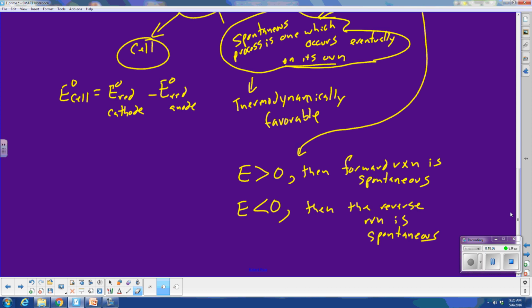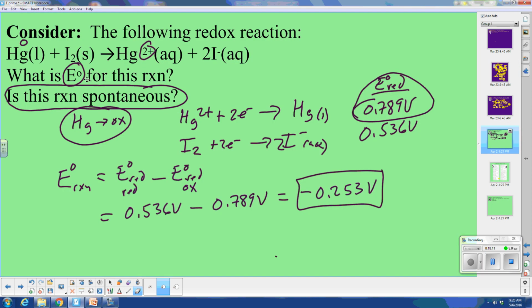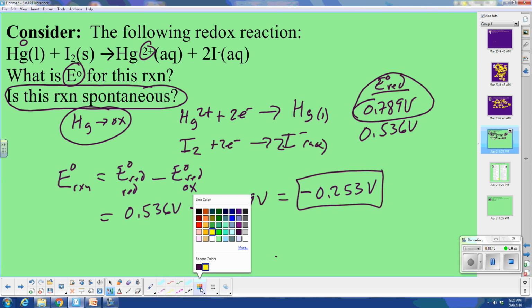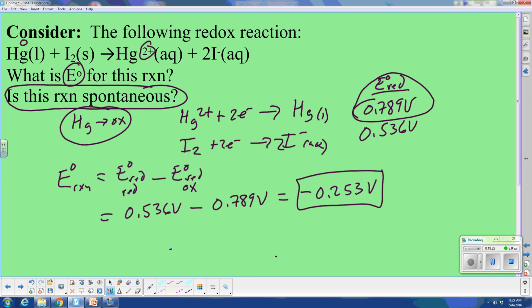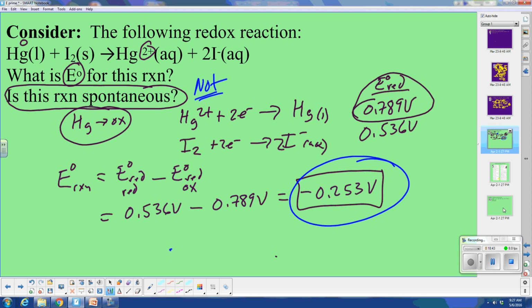Good. Piece of cake, right? Easy. Let's go back, answer our question. What did we find? We had a negative value here. That means what? My reaction is not spontaneous in the forward direction. So that means if I would put some mercury in with some iodine and give it a long time, nothing would happen. Good. You guys do the last one, and we will be done with this set.